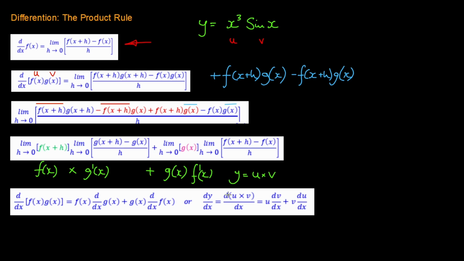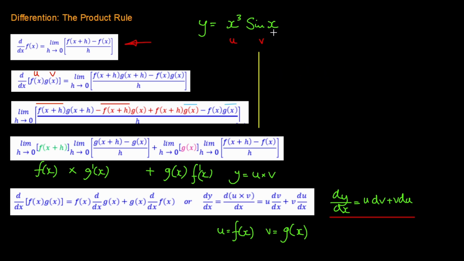So comparing it with our equation above, u would be equal to f(x), and v would be equal to the second function, g(x). And an even simpler version of this would be dy/dx is equal to u dv plus v du. And that's the version most students learn and remember.